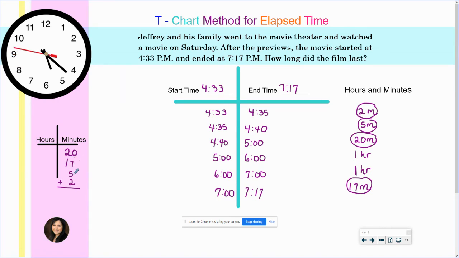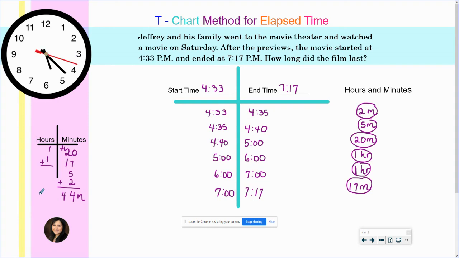7 plus 5 plus 2 is 14. Regroup my 1. That is 1 plus 2 plus 1 is 4. That gives me 44 minutes. How many hours do we have? We have 2 hours. So 1 plus 1.